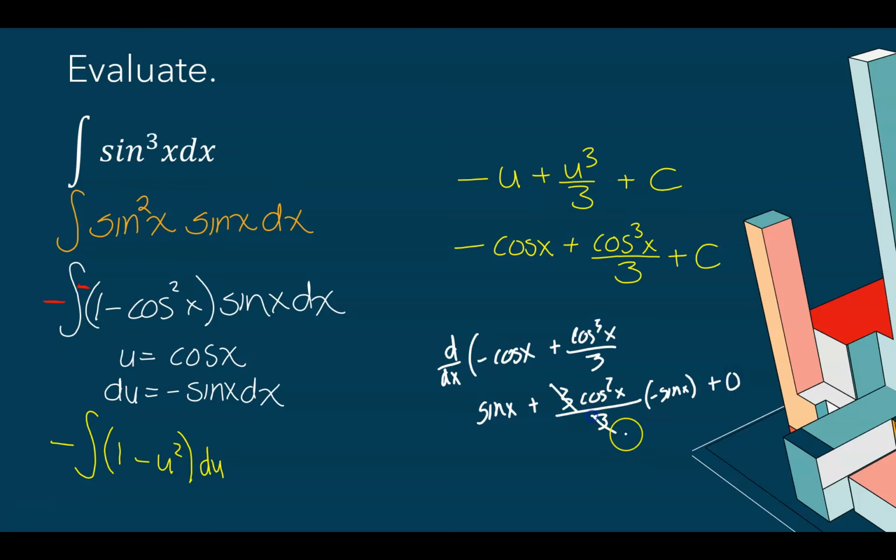And that may not look like what we started with, sine cubed. Dang, but is it? Maybe I'm going to factor out a sine. If I factor out a sine of x, that's going to be 1, and then minus cosine squared x, and 1 minus cosine squared x is sine squared x. I'm out of room, but that's definitely equal to sine cubed.